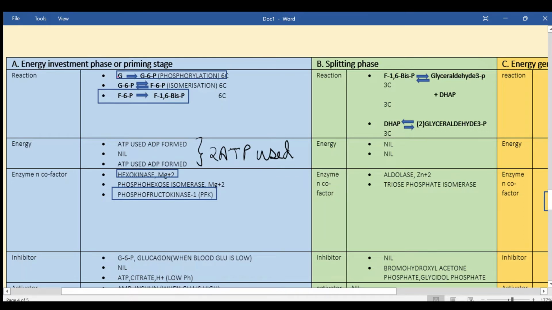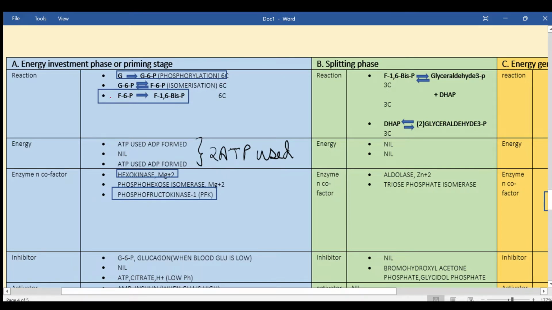It is pointing towards the product side. But in the second step, it is bidirectional. And this step is isomerization because glucose 6-phosphate and fructose 6-phosphate are isomers of each other.